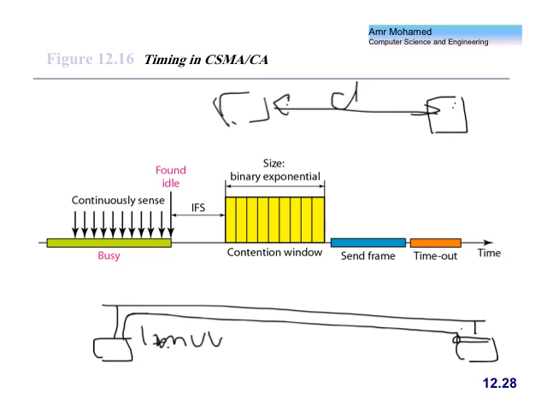The second thing is that through this interframe spacing, I can perform some kind of a priority scheme. So if all of us detect that the channel is idle, okay, and I give you an interframe spacing which is slightly less than another station, what does that mean? This means that you have a higher priority or lower priority?